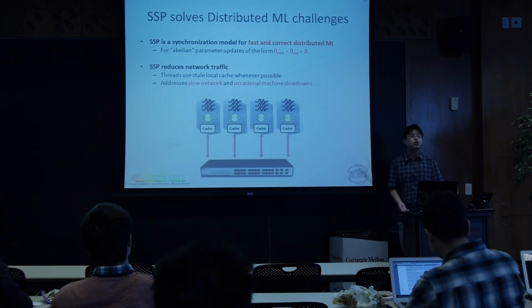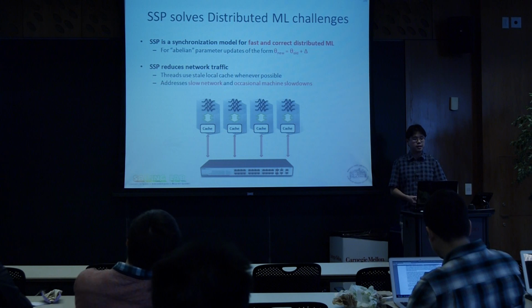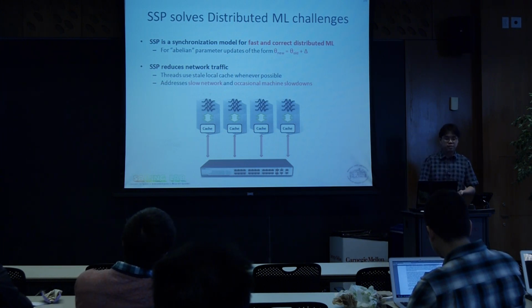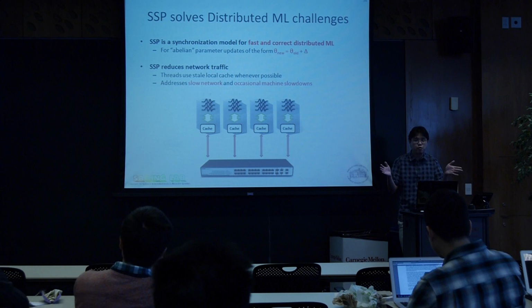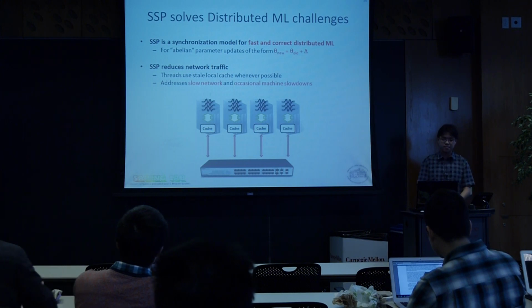Essentially, it's a synchronization model for these, what we call abelian parameter updates of the form theta new equals some theta old plus a change delta. I've talked about the SSP concept as reducing network traffic because the slow threads don't read as often, and threads don't have to be so tightly synchronized as well. And because the threads can use these stale local caches wherever possible.